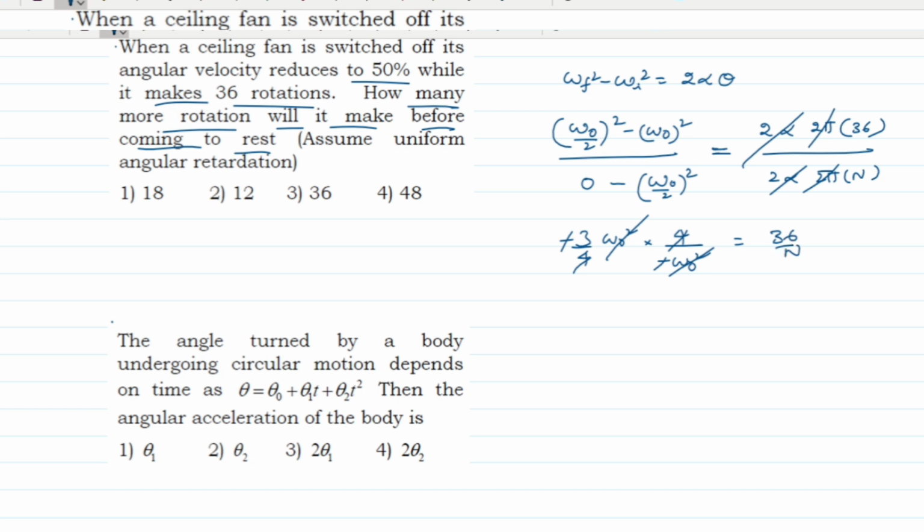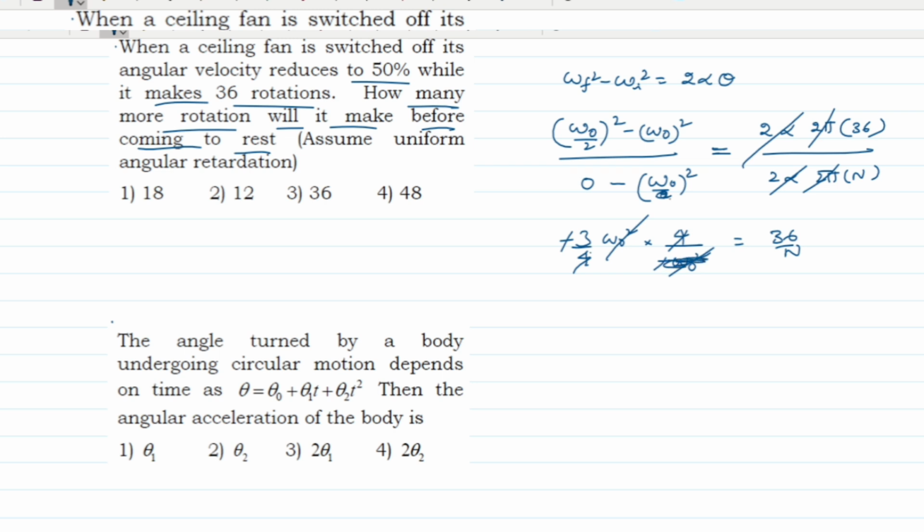Sorry students, here initial angular velocity I would consider omega naught square alone.